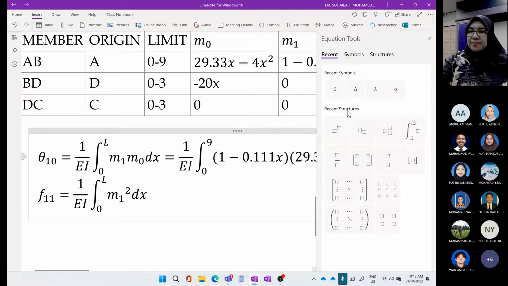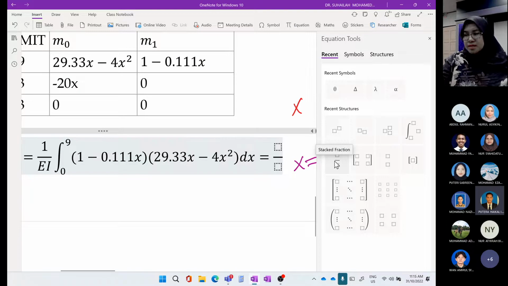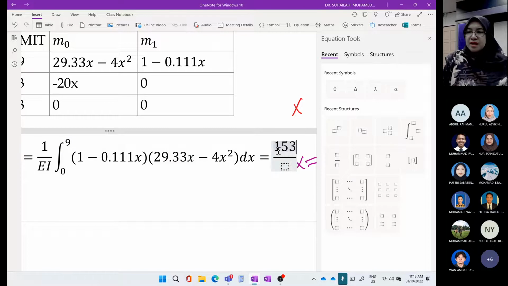Yes, 153.02. Positive, yeah? 153.02 over EI.